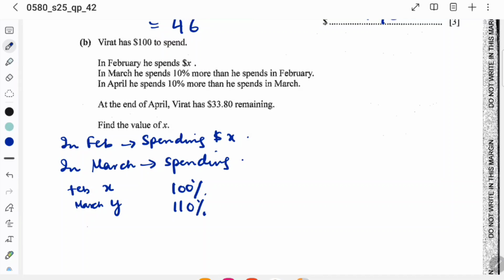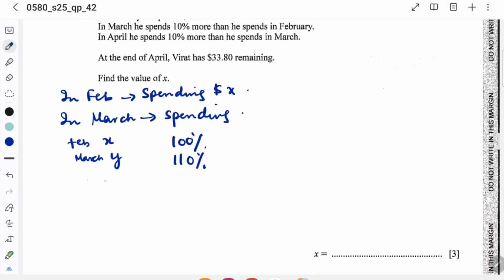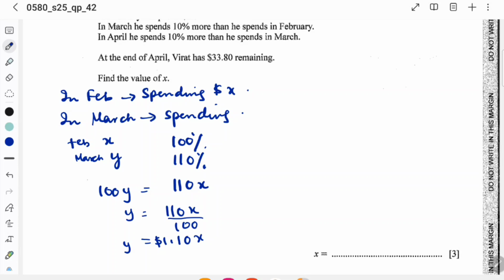Okay, so just simply cross multiply. That is equal to 110 X equals 100 Y, and Y equals 110 X upon 100. That is equal to 1.10 X dollars, the expenditure in March. So we have in Feb X dollars, in March 1.10 X dollars.